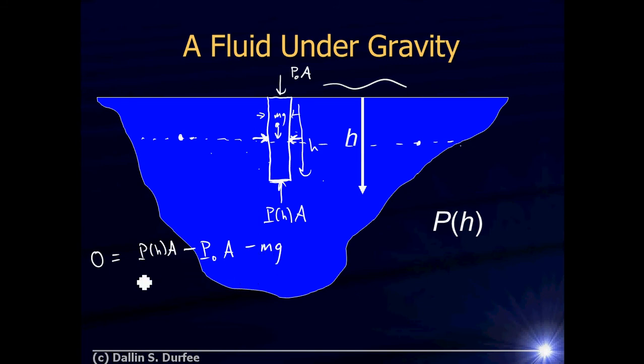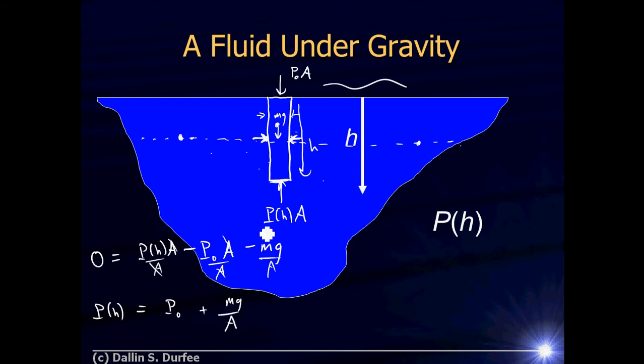All right? And I can easily solve this for the pressure at the bottom here. I'll just divide everything by A to get rid of that. Then I move this stuff to the other side, and I find that the pressure at the bottom of my cylinder is just going to be atmospheric pressure plus mg over the cross-sectional area, all right?